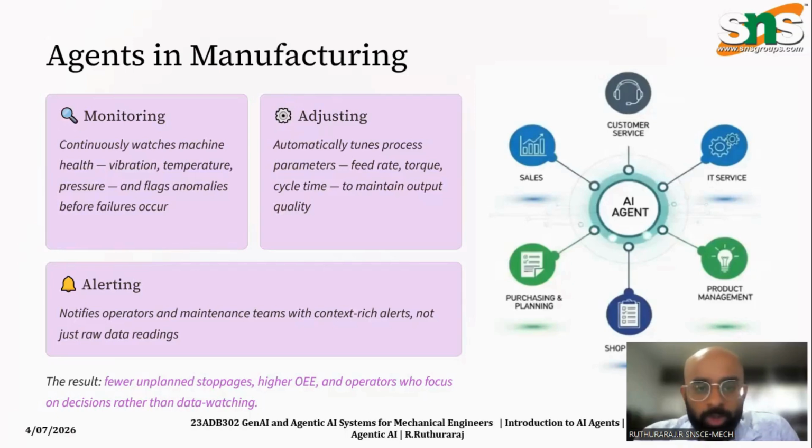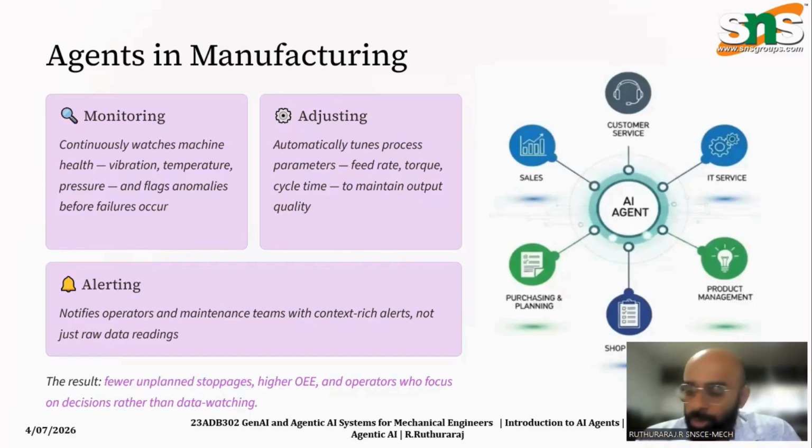For example, if you take a shop control agent or a warehouse controlling agent, it can monitor the status of the warehouse continuously. If a raw material quantity is falling below a certain limit, it may decide to raise a purchase order.